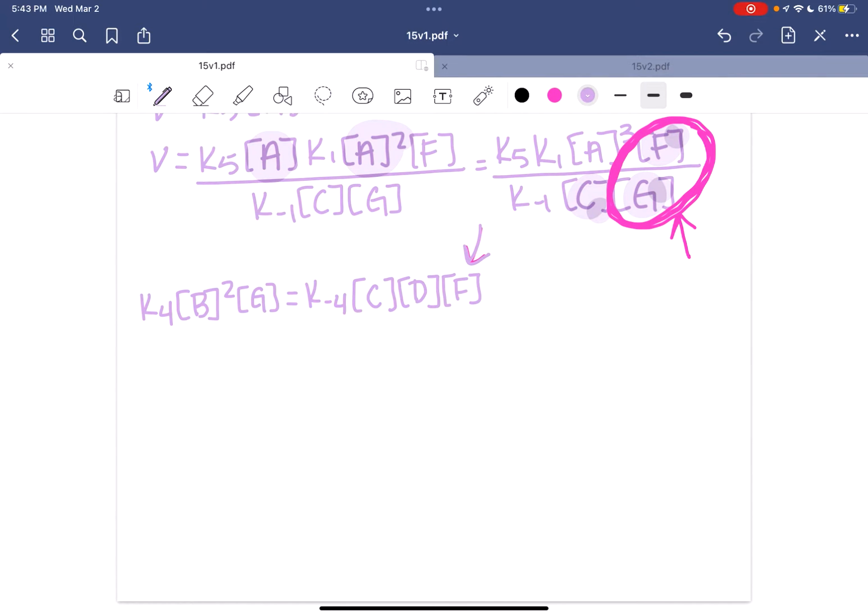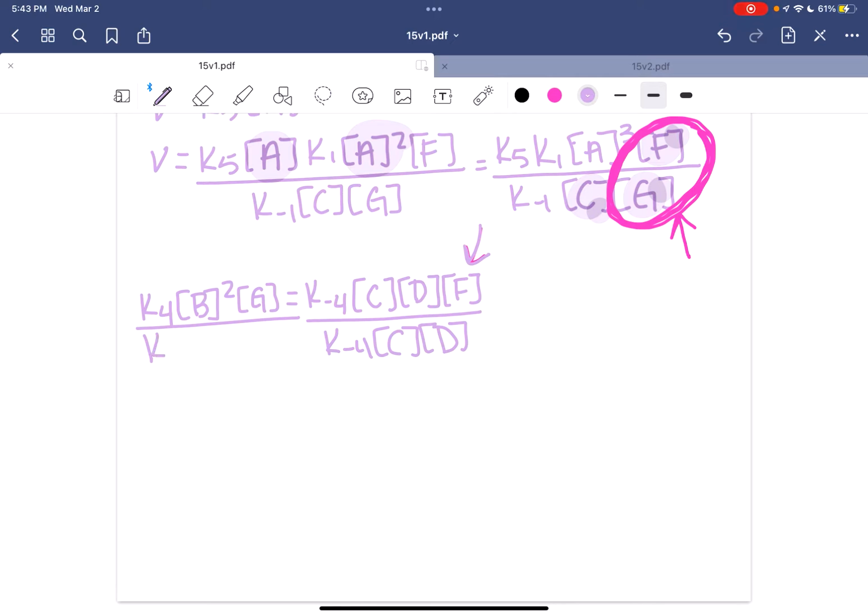So to do that, we're going to divide the right side of the equation by k minus 4 times the concentration of C times the concentration of D. And now remember, whatever we do to one side of the equal sign, we always want to do to the other.